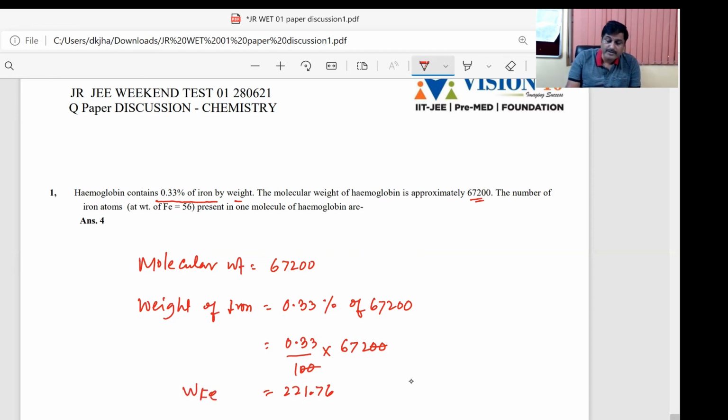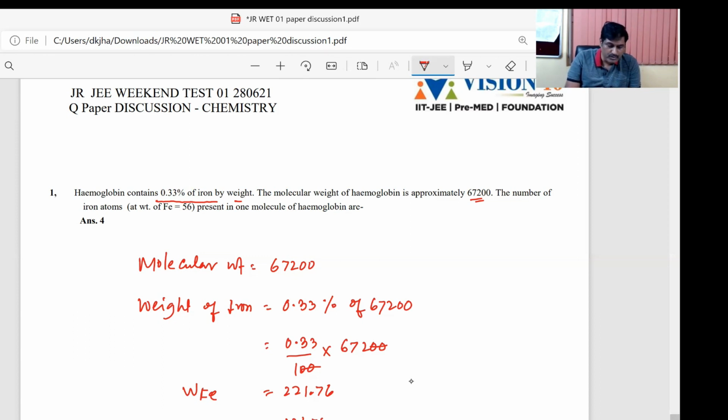Okay, weight of iron is this much. Then the number of moles of iron atoms, n of Fe, is 221.76 divided by 56, because this is the atomic weight.